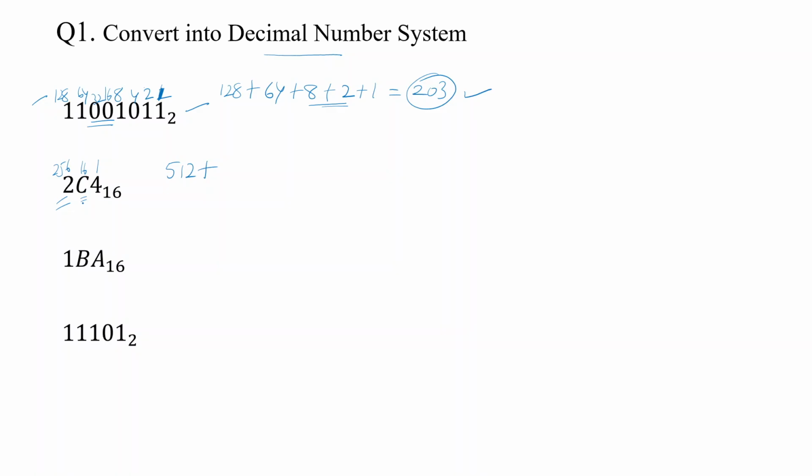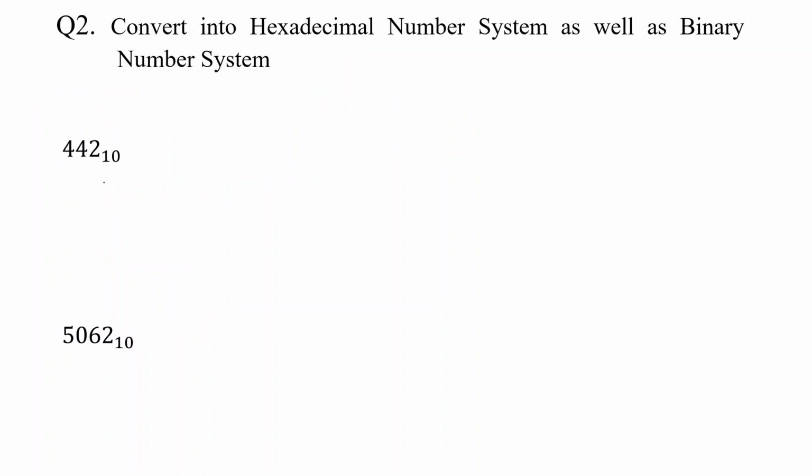A is 10, B is 11, C is 12. 12 into 16 we have already done, that is 192, plus 4 into 4, so the number is 708. So you just try converting this number, and you can convert this 442 into hexadecimal as well.